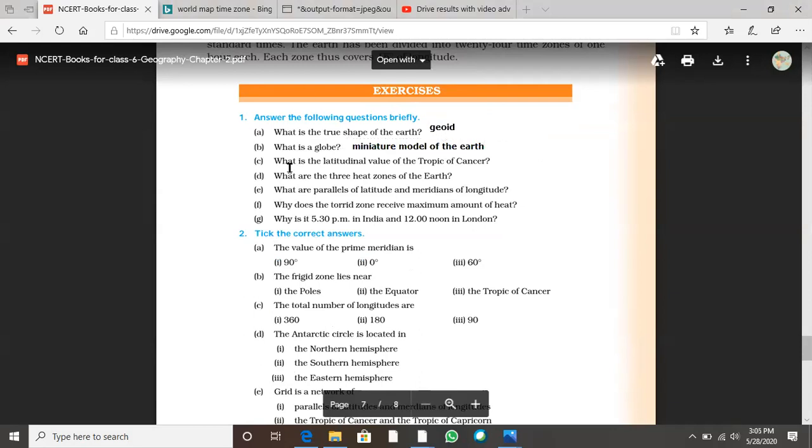Then, what is the latitudinal value of the Tropic of Cancer? Who will tell me this? Oh, I forgot I'm not live this time. 23 and a half degree north.